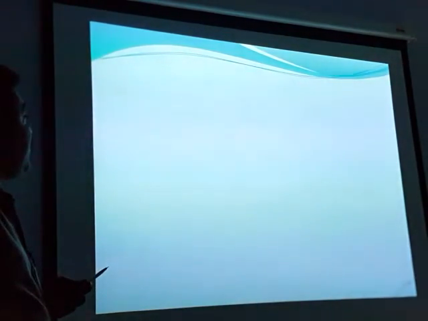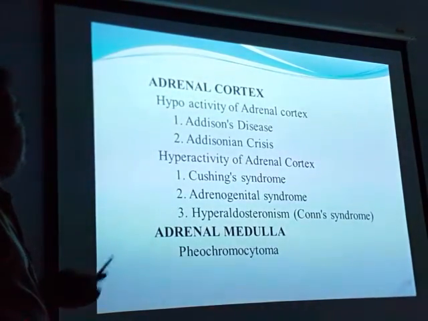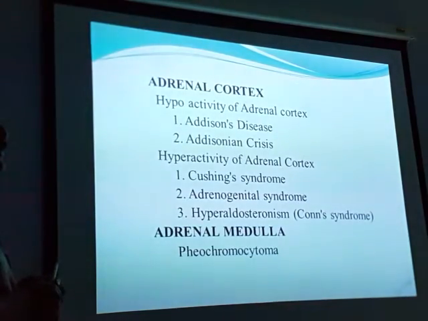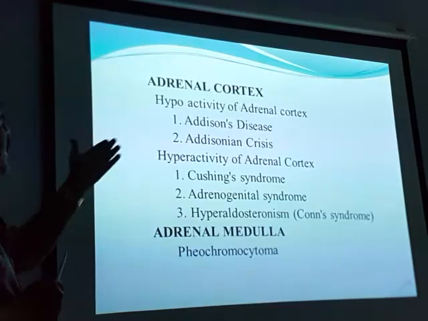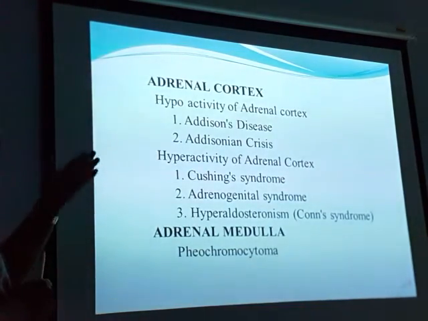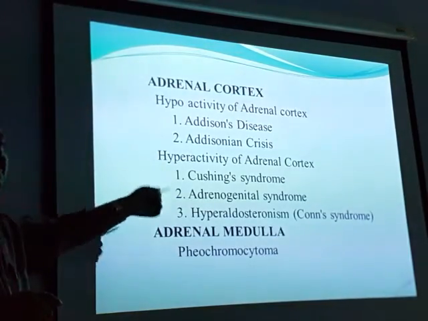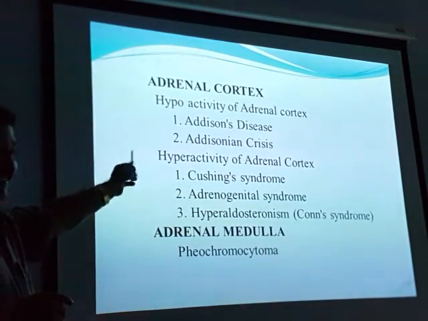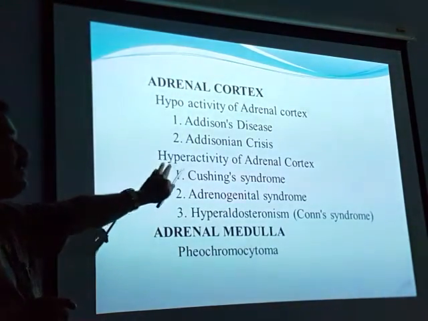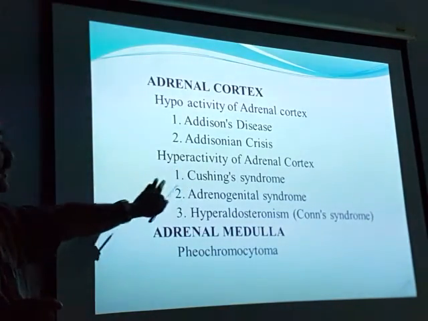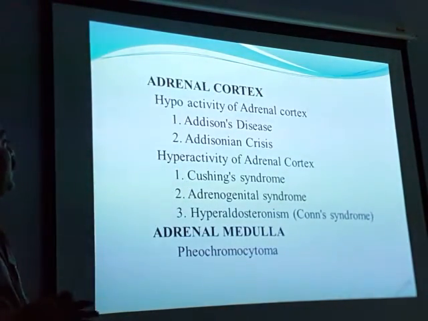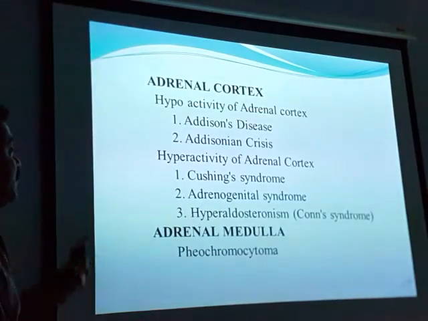And next is applied anatomy. In the adrenal cortex, hypoactivity leads to Addison's disease and Addisonian crisis, which may be covered in pathology. Hyperactivity of the adrenal cortex leads to Cushing syndrome and adrenogenital syndrome.